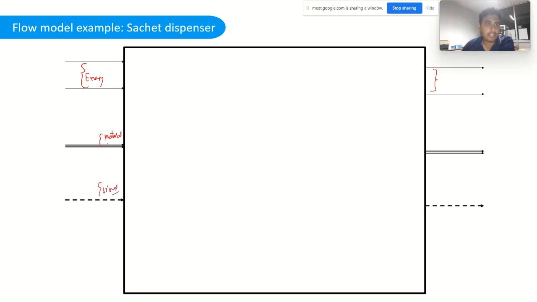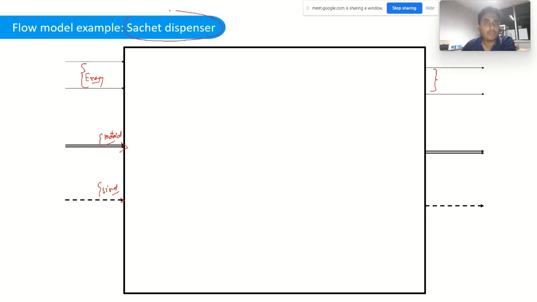I represented these like this: thin arrows mean energy, the double arrow means material, and the dashed arrow is a signal. Okay, so let's try to understand what the various inputs are in this particular system.